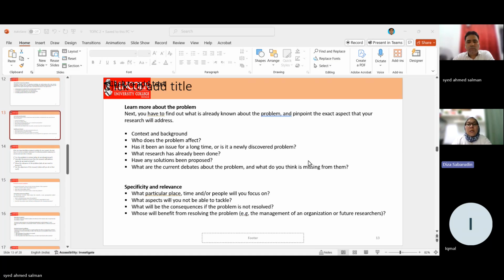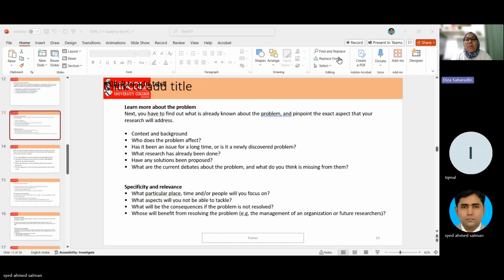Number two is identification of the research gap. Despite the widespread use of social media among university students, there is a paucity of empirical studies focusing specifically on its impact on academic performance within the context of Malaysian private universities.